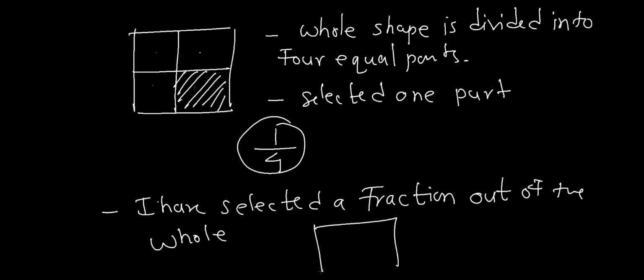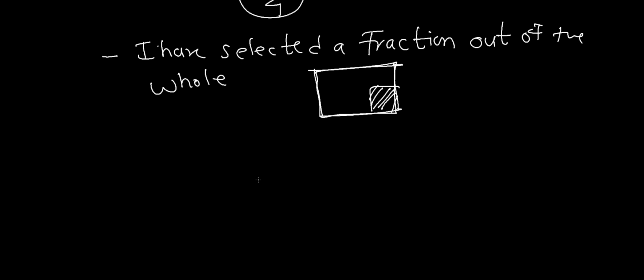This is selection. Also we can term 1 by 4, as we are just seeing 1 by 4 right now.